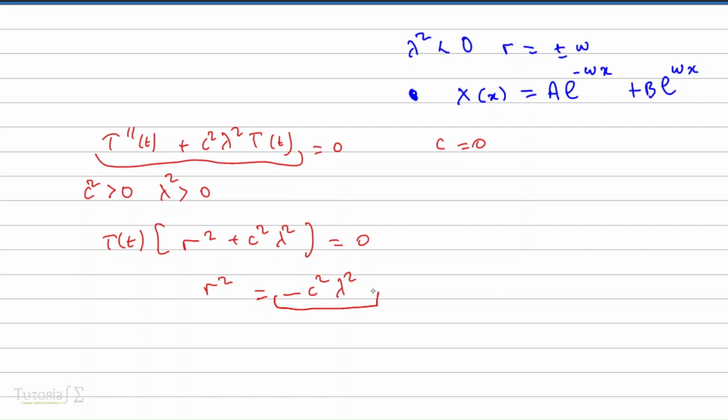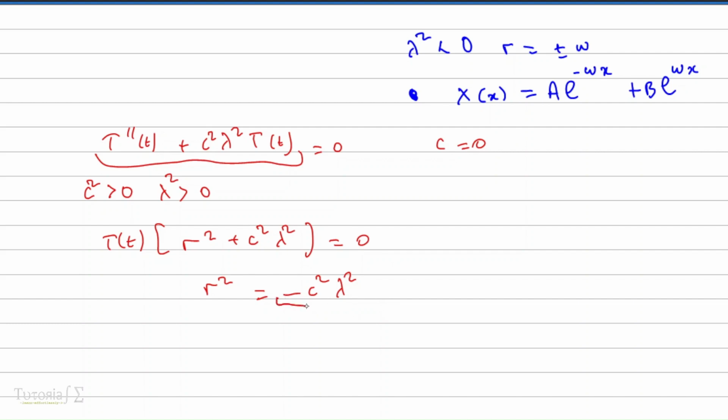Oh, you're saying that if they are less than 0. If they are greater than 0, c squared is greater than 0 and lambda squared is greater than 0. When you multiply them, what type of number are you going to have? It's going to be negative because of the negative in front.